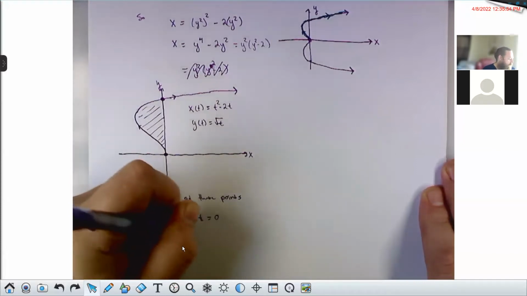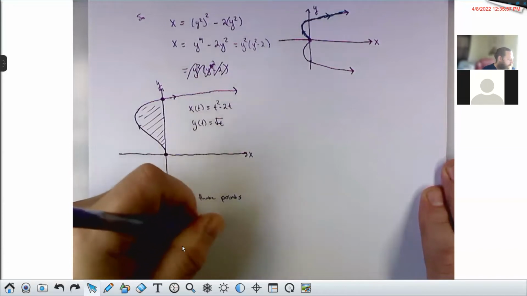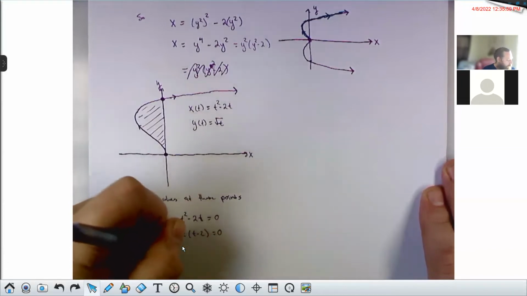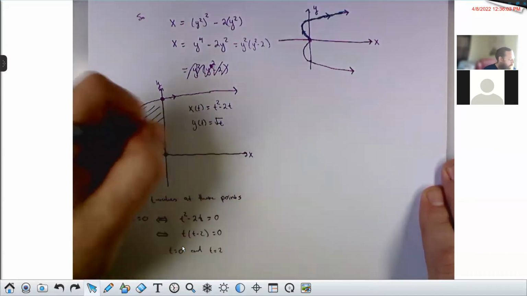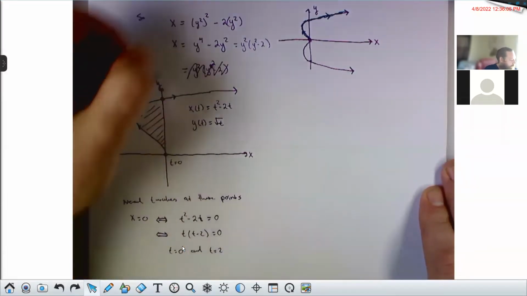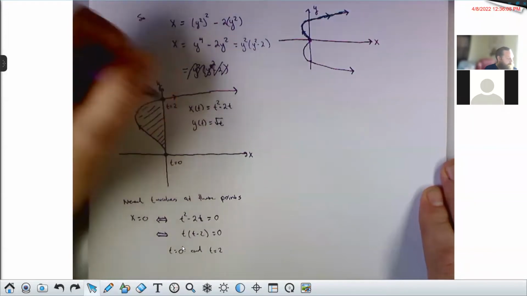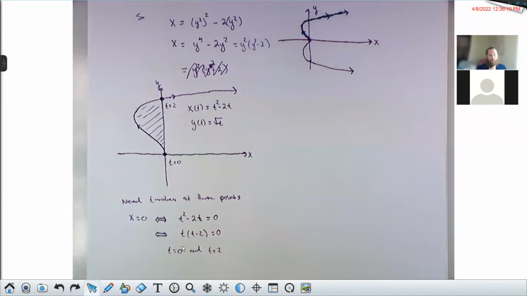Factoring, t times t minus 2 equals 0. So we get t equals 0 and t equals 2. So this is the point with t equals 0. This is the point with t equal to 2. Now I can set up my integral.